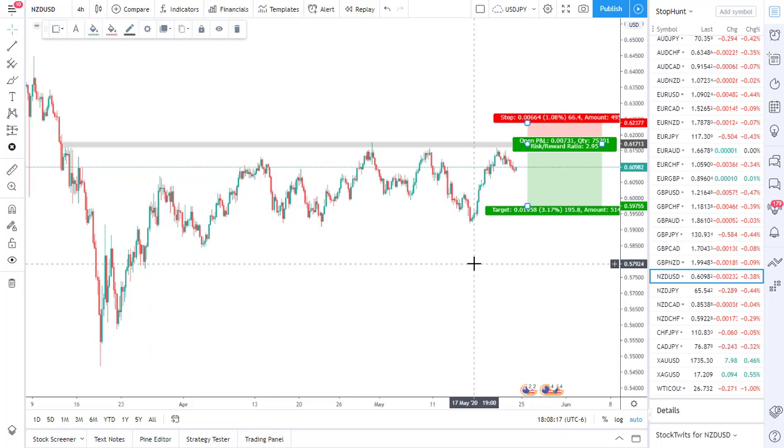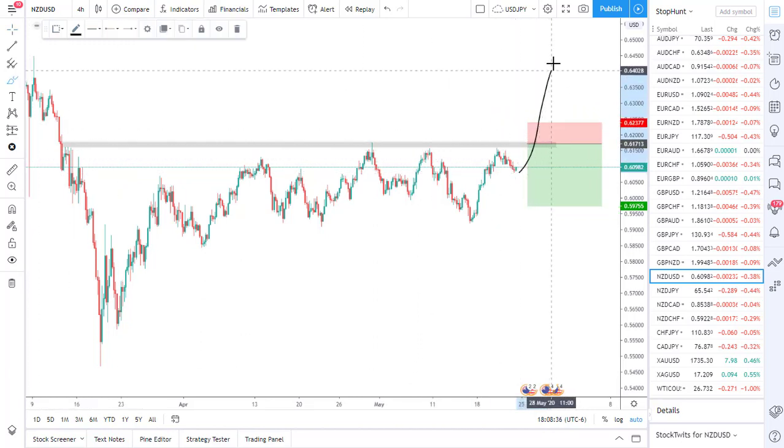Price is driven by liquidity, and this level has been tested so many times. The more a level is touched, the weaker it becomes. So I guess we could get another rally to get into the zone, into the weekly level.